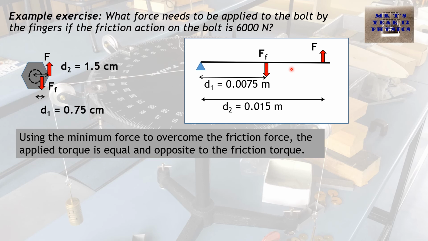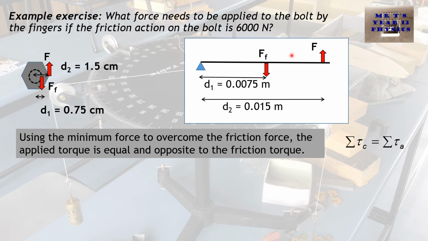So I need to find the minimum torque needed to cancel out the friction. And if I can find the minimum torque needed, I can then go back and calculate the actual force. So we use this formula, where the sigma symbol means the sum of all the clockwise torques equals the sum of all the anti-clockwise torques.